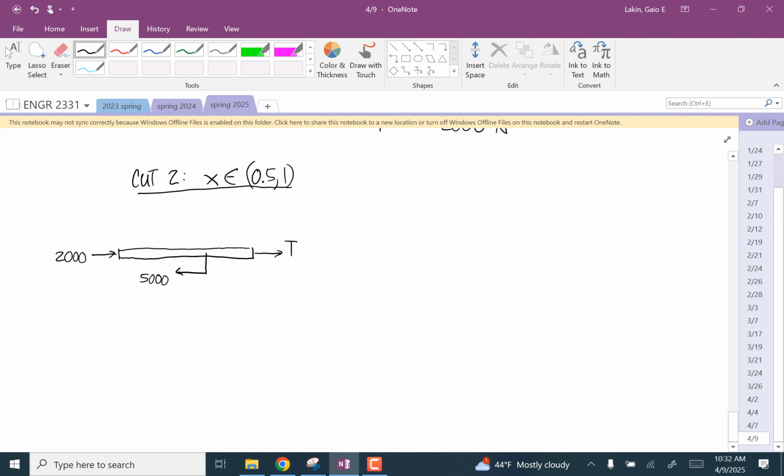And the internal tension. And Newton's second law in the x direction says 2,000 minus 5,000 plus T is equal to 0, so T is equal to 3,000.